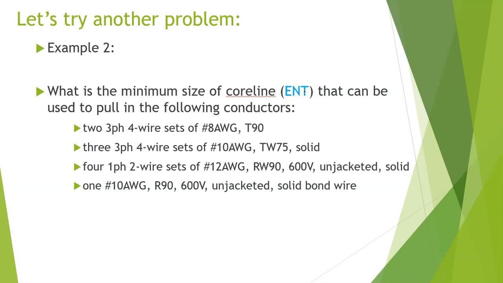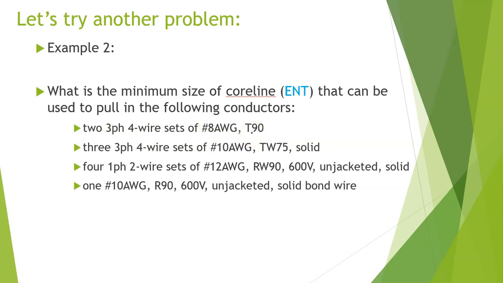Now, the other tricky thing about this is the way that we're given the information about our conductors, which requires us to build on our trade knowledge. We're told that we've got two 3-phase 4-wire sets of number 8 AWG T90.